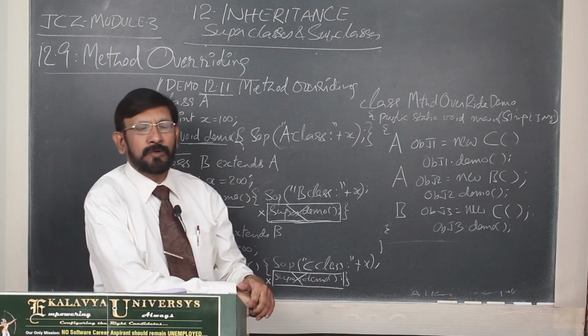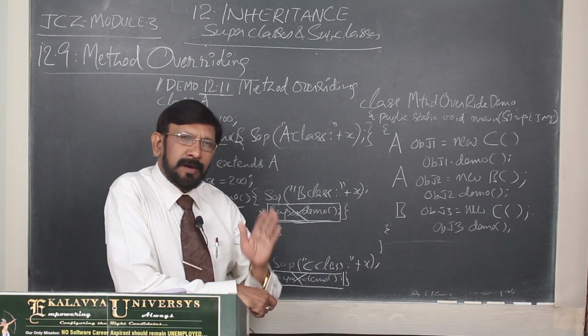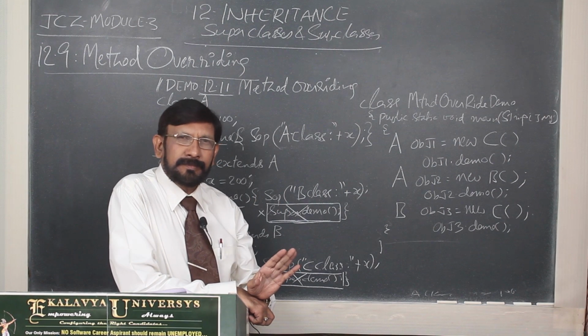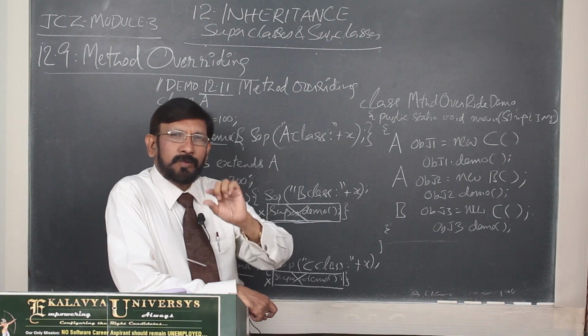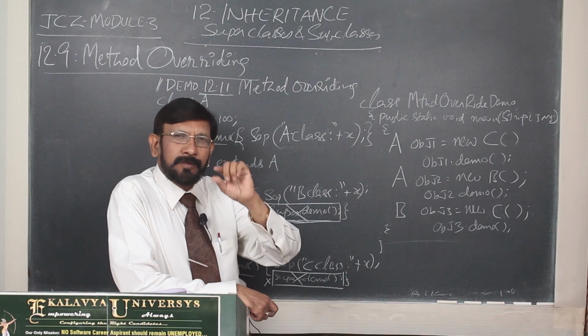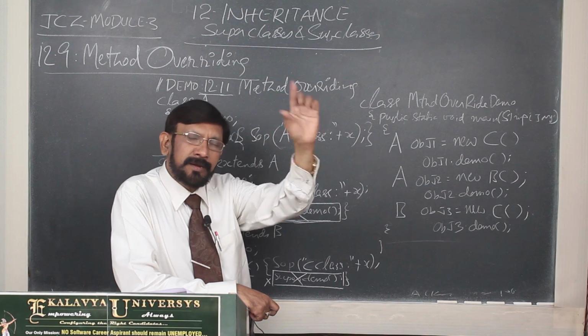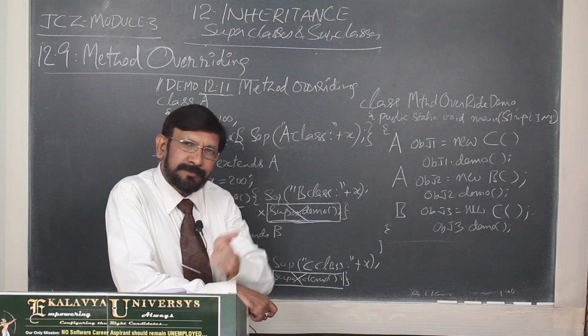Here already I told you all superclass types are compatible for a subclass object. Illustratively, you are your type, you are your father's type, you are your grandfather's type, you are your great grandfather's type. So, this is upcasting.